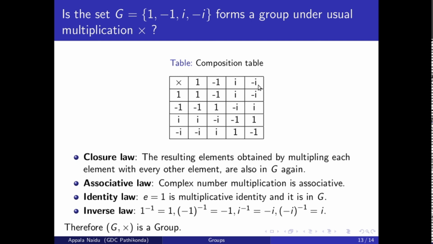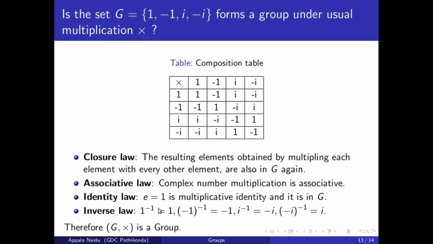So the inverse of i is minus i. Similarly, the inverse of minus i is i. The 1 is occurring here, and at the top i is there. i into minus i is 1. So the inverse of minus i is i, and the inverse of i is minus i.